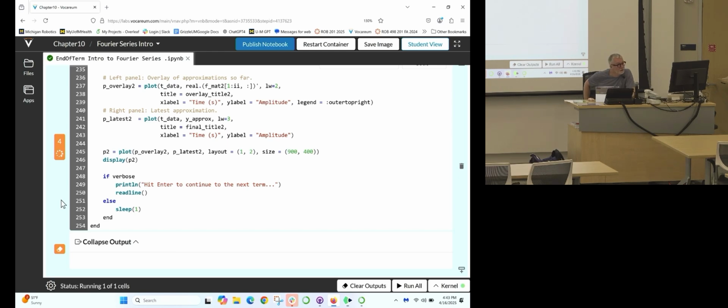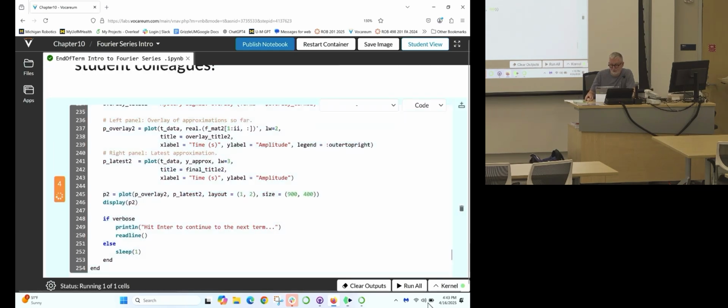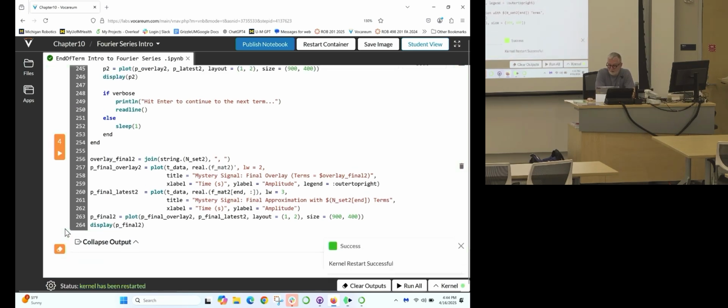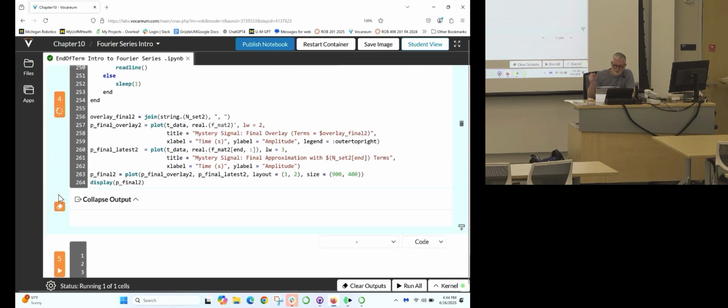After another second, maybe on your bottom right, interrupt the kernel. Don't end the lab, but yeah. You want me to restart it? Or interrupt it and then restart. See if it works. Okay. Should run like that. There we go.